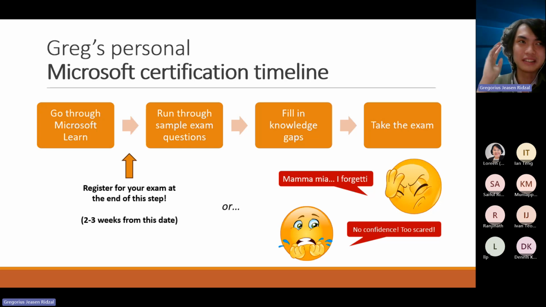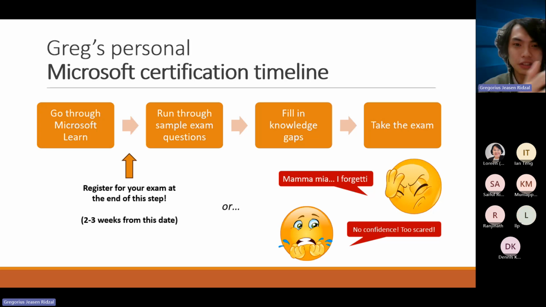It really depends on your memory retention, because you are essentially studying the things, but you haven't applied them. This is why the sample exam questions are important, so that you can apply your knowledge. But if you do not apply it, you start to forget because your brain starts to think, oh, I studied this, but now I'm not using it. I must not need it anymore, you know?